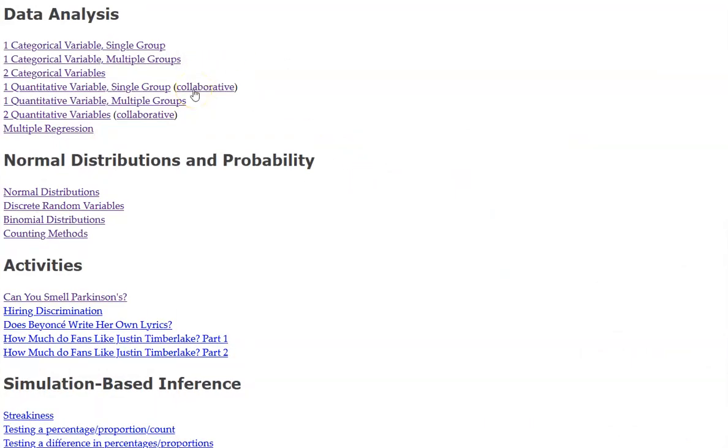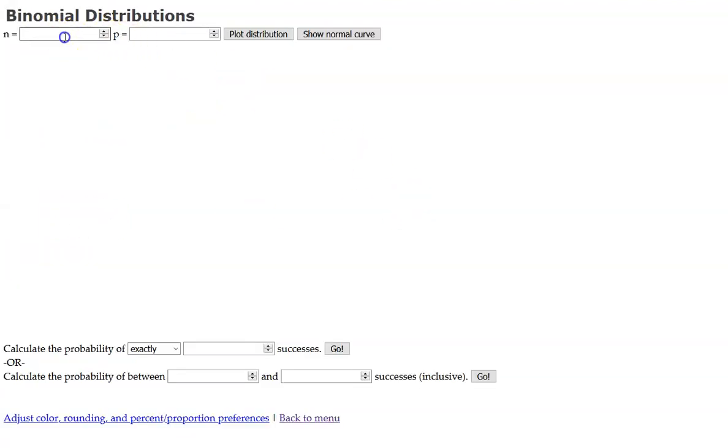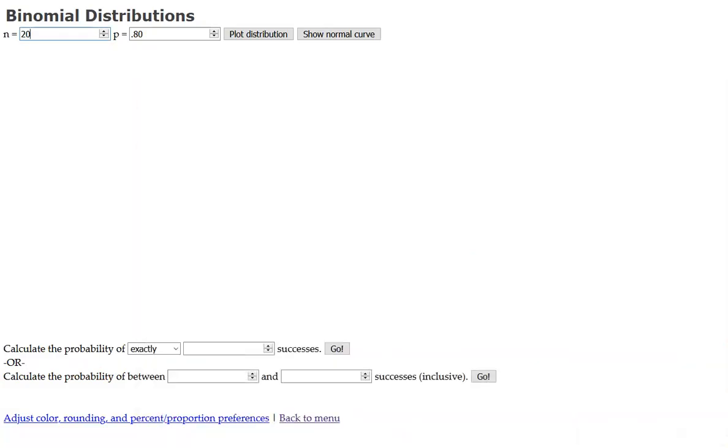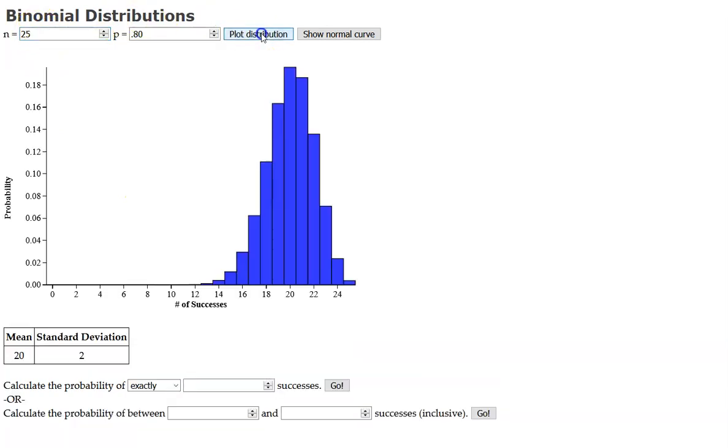So I'm going to go to Staplet, and I'm going to use binomial distributions. And it says that 80% are on time. Whoops, that should be on P, 80%. And we're taking a sample of 25. So 25 players on this, a sample of 25.